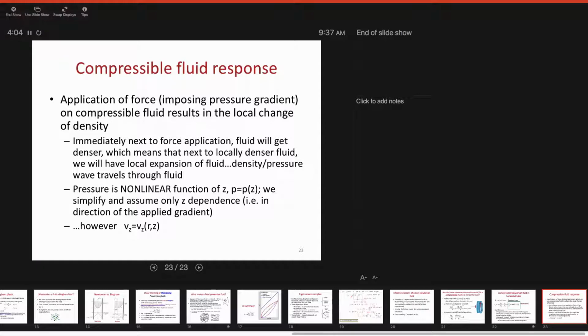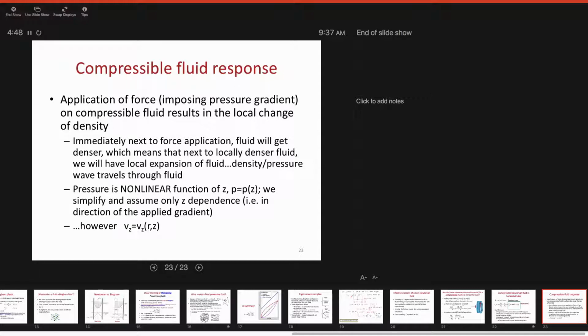So if I apply a force to a compressible fluid by imposing a pressure gradient, for instance, in a tube, then I might have a local change of density. Before this, in the incompressible situation, all of the application of force was transferred to the momentum change. Now some of it goes locally to the density change, and things start interacting. Immediately next to this force application, my fluid will get a little denser.